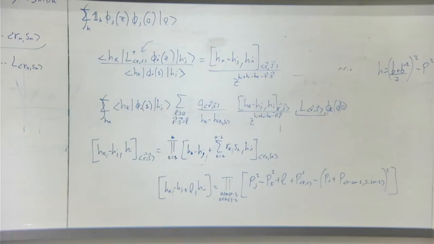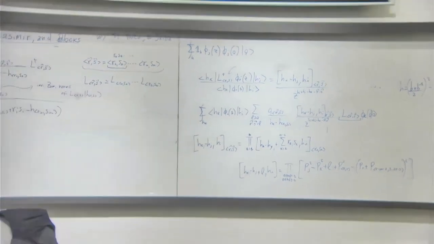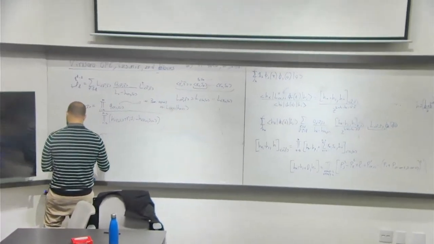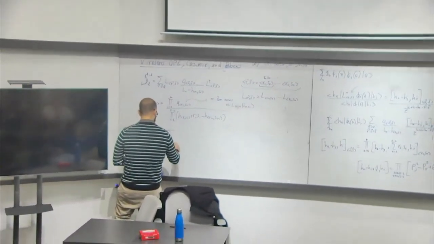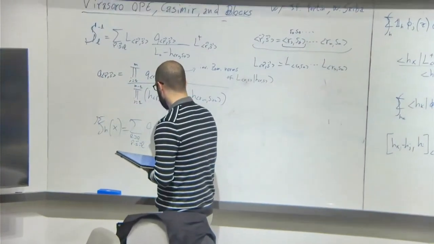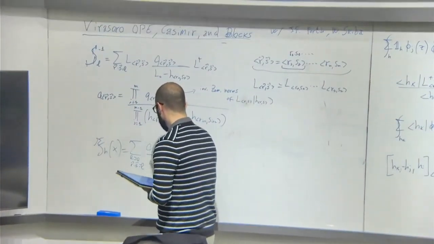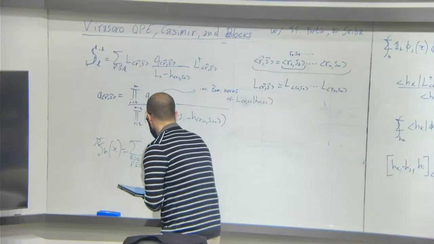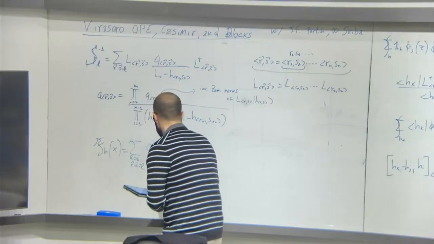I realize I'm running low on time, which is like r dot s equal to L, again the QRS coefficients divided by h minus h r1 s1.